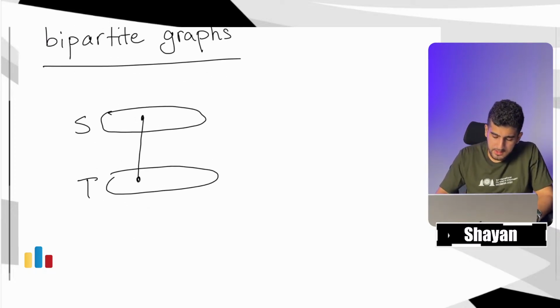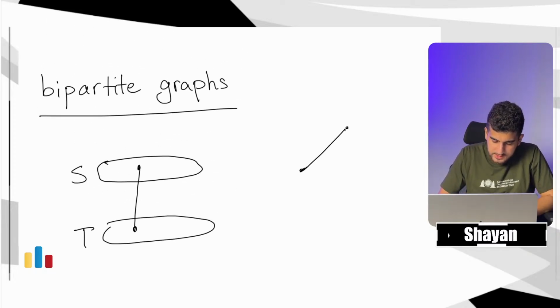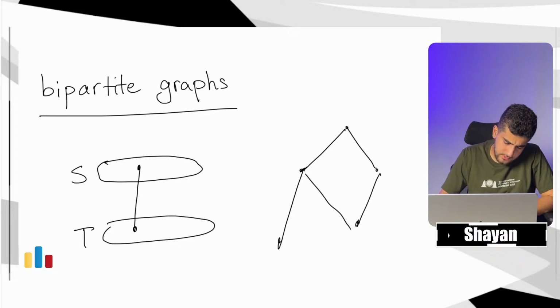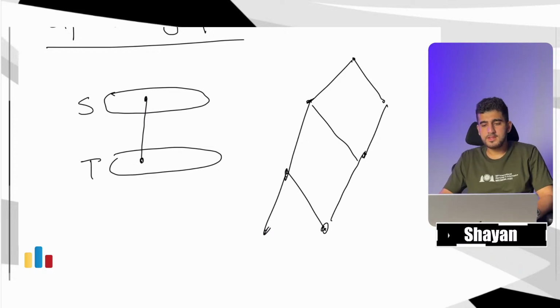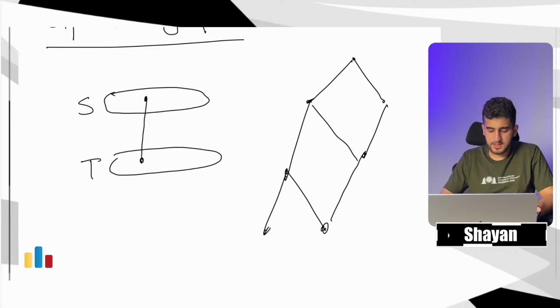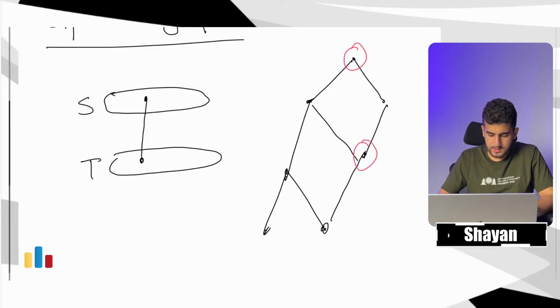So for example, if you have a graph like this, and an edge to, for example, here. Well, this is a bipartite graph because, for example, I can put these vertices in the first part and these vertices in the second part.